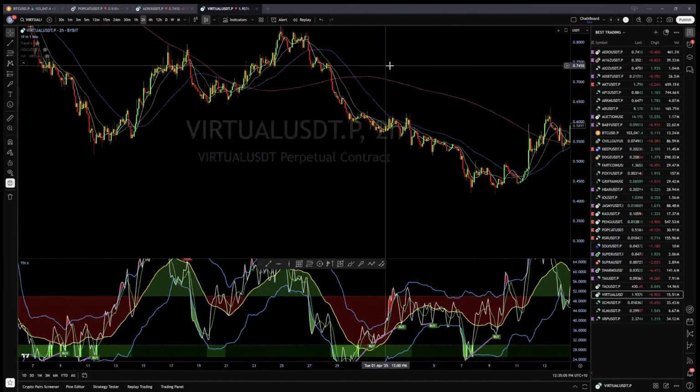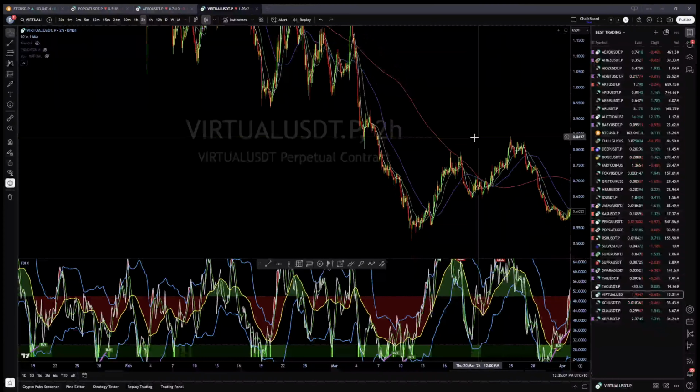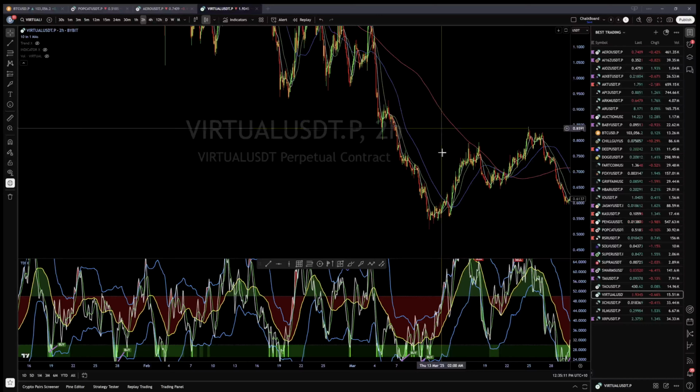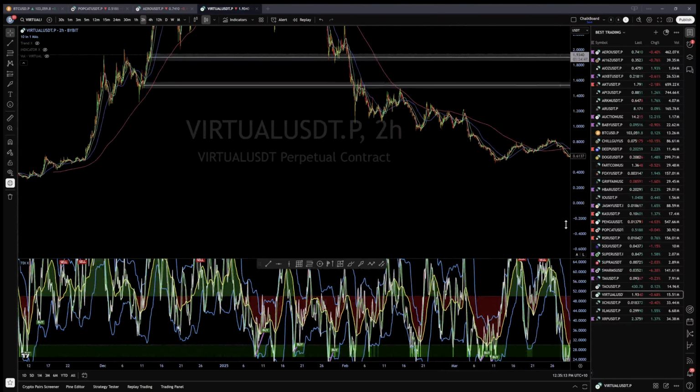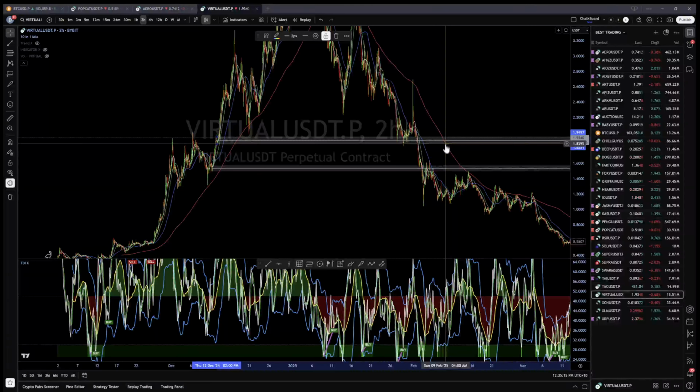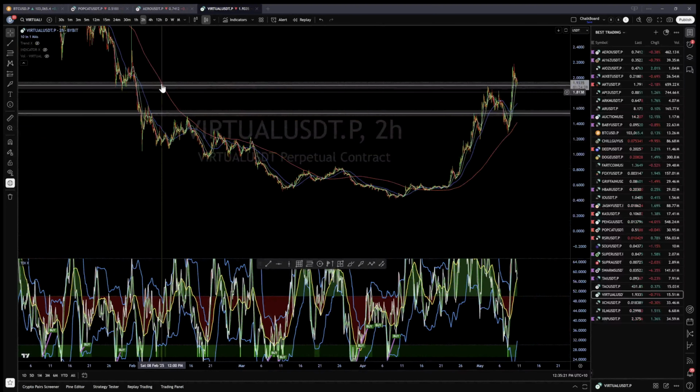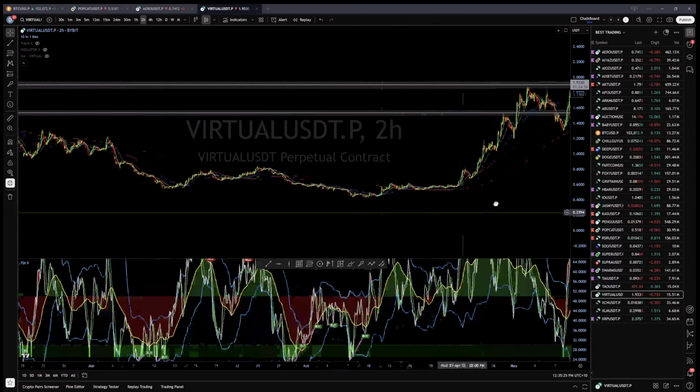But you don't want to enter a swing trade when the 200 is too far away. Like if the 200's way up there and the price is down here, you don't want to enter. You want to wait till it starts to get closer. It's far here, not as far here. It's even closer here.